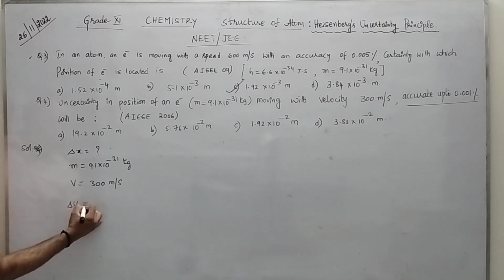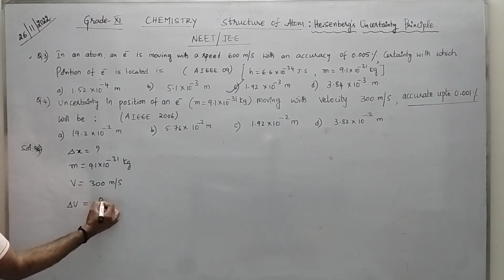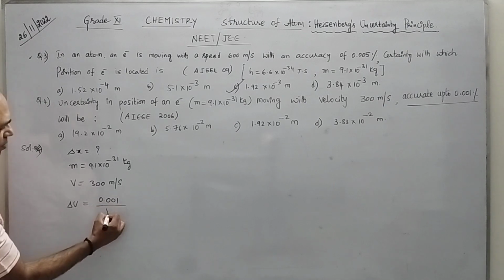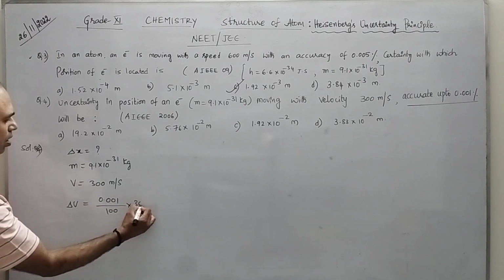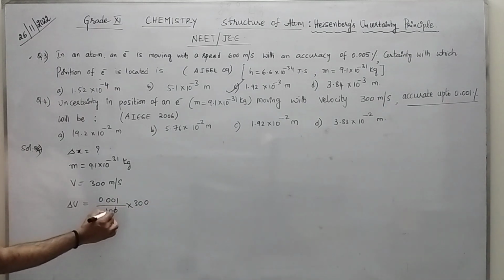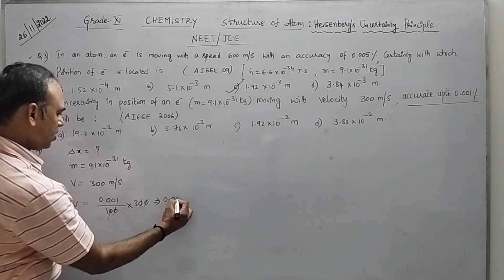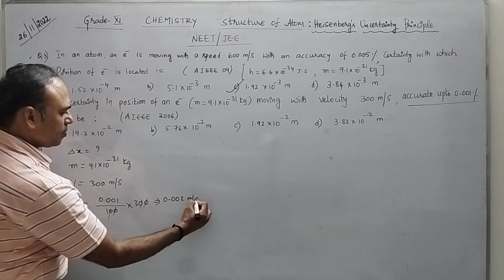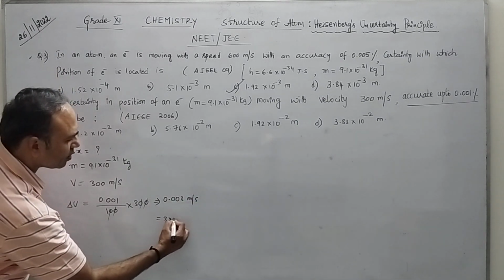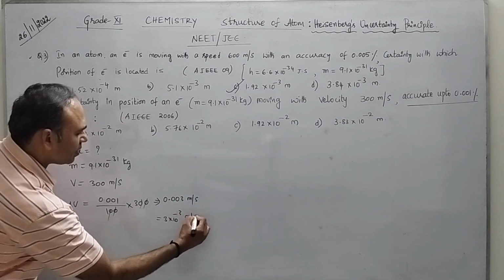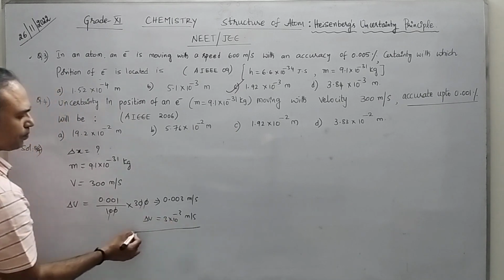Therefore, uncertainty in velocity is 0.001% of 300, so nothing but 0.003 meter per second. You can also write it as 3 into 10 to the power of minus 3 meter per second. Anything you can write.